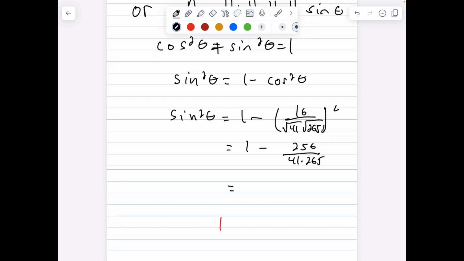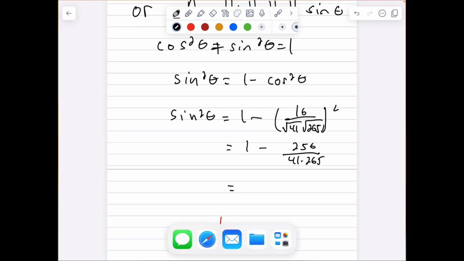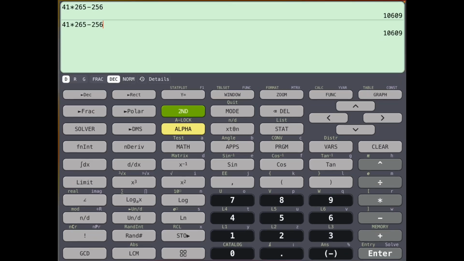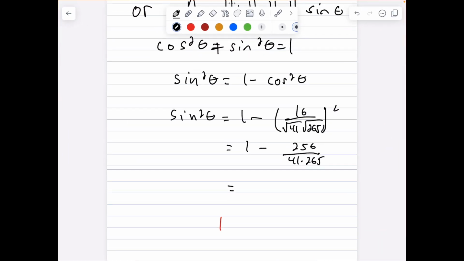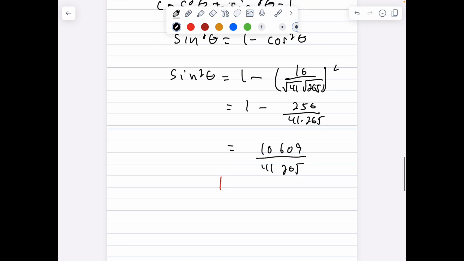You would calculate this to get some number out of this whole thing. Yes, you're going to have to use your calculator. That actually comes out to be 10,609 divided by 41 times 265. And the sine of that angle will be the square root of that number.